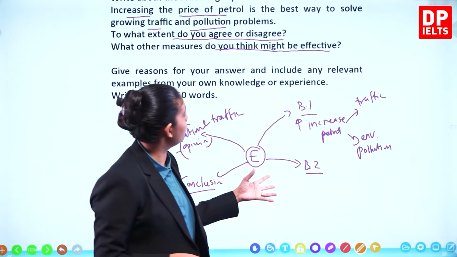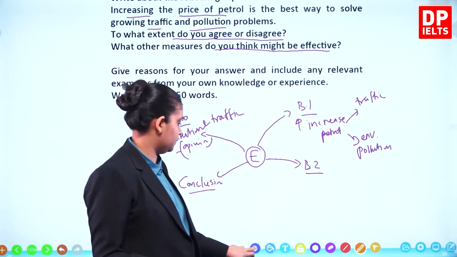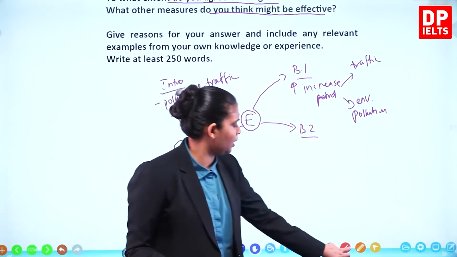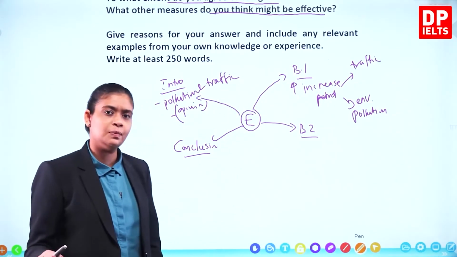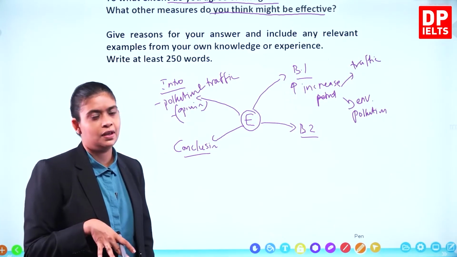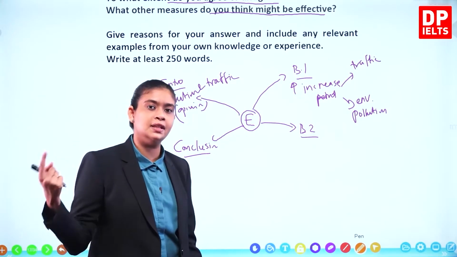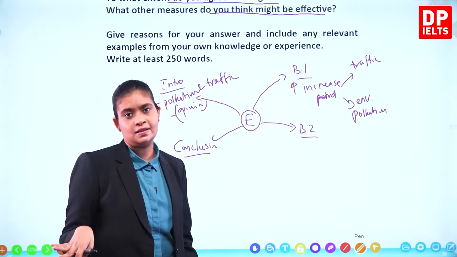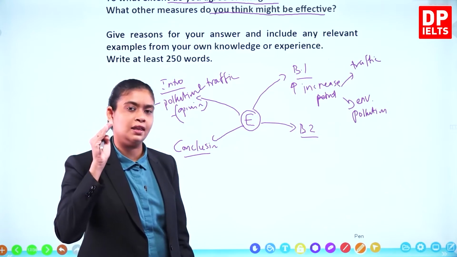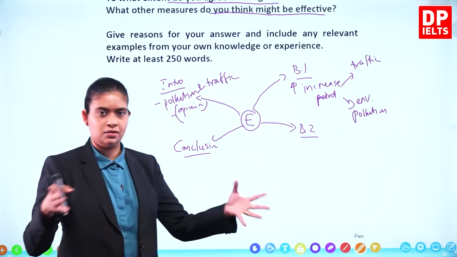So other ways, okay? They're asking you what other measures do you think could be effective. Now, I think in Sri Lanka they did try to implement this, having a tax when you enter the city limits, okay? But in the UK, yes, you have toll gates, and when you enter the city limits, there is a tax. Because the tax is high, right? Lots of people don't come in their personal vehicles like to London, right?